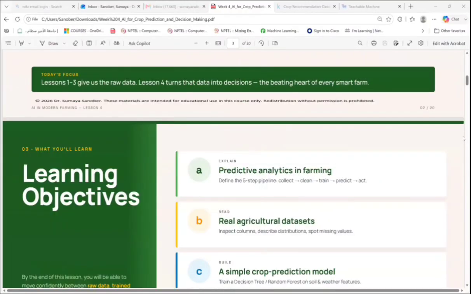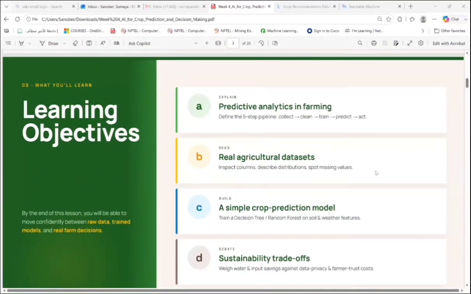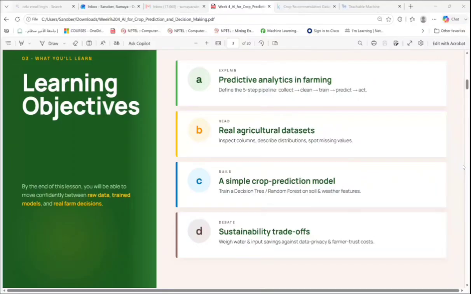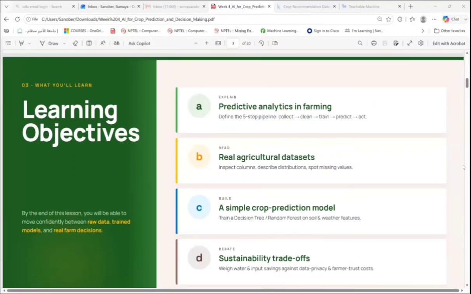Moving on to our third slide, these are the learning objectives. First, we will understand the basic predictive analytics process, from collecting data to taking an action. Second, we will examine what real agriculture data looks like. Third, we will see how machine learning models can recommend crops, predict yield, and identify plant disease.